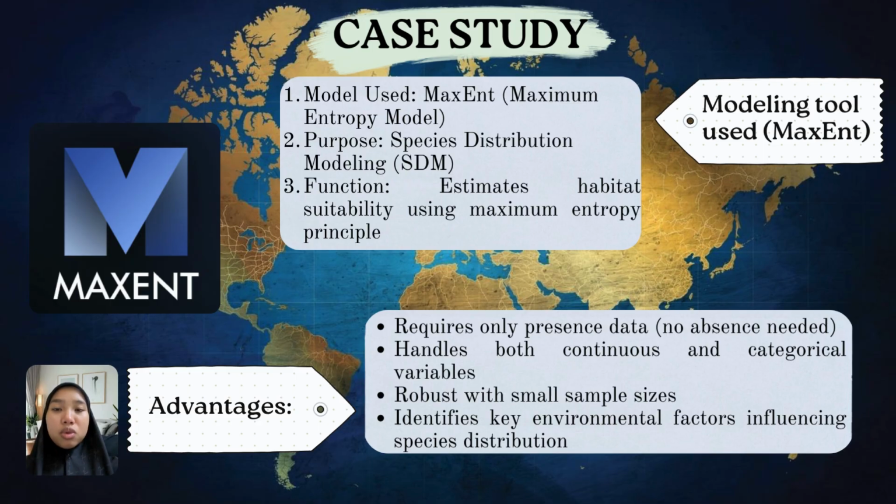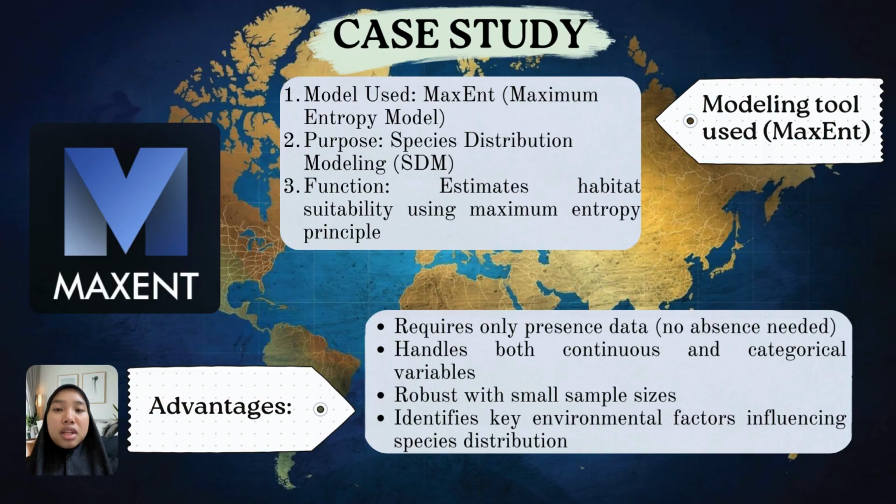The MaxEnt model was used as the primary tool for species distribution modeling in this study. MaxEnt is widely used due to its ability to model species distribution using only presence data without requiring absence information. It works by estimating the most uniform probability distribution of suitable habitat conditions, constrained by the known occurrences.